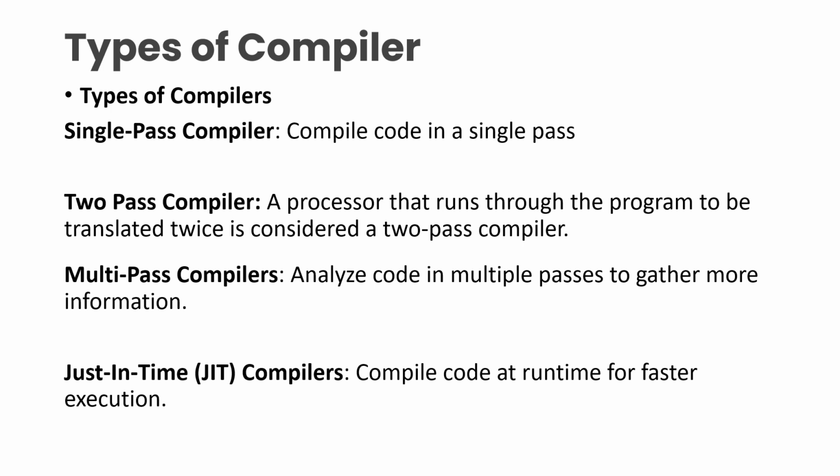A two pass compiler means a processor that runs through the program to be translated twice. That's why its name is two pass compiler. A multipass compiler analyzes the code in multiple passes to gather more information. And the just-in-time compiler runs the code at runtime for better execution.